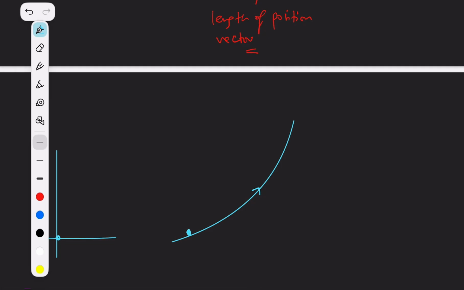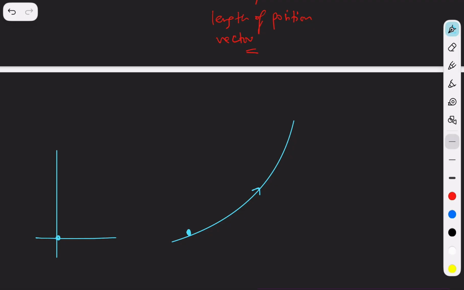Listen to this very carefully, because only then will you understand this logic. Here, my eyes are watching this particle right now, and this is the position vector. Now it will go like this, and suppose it reaches here.